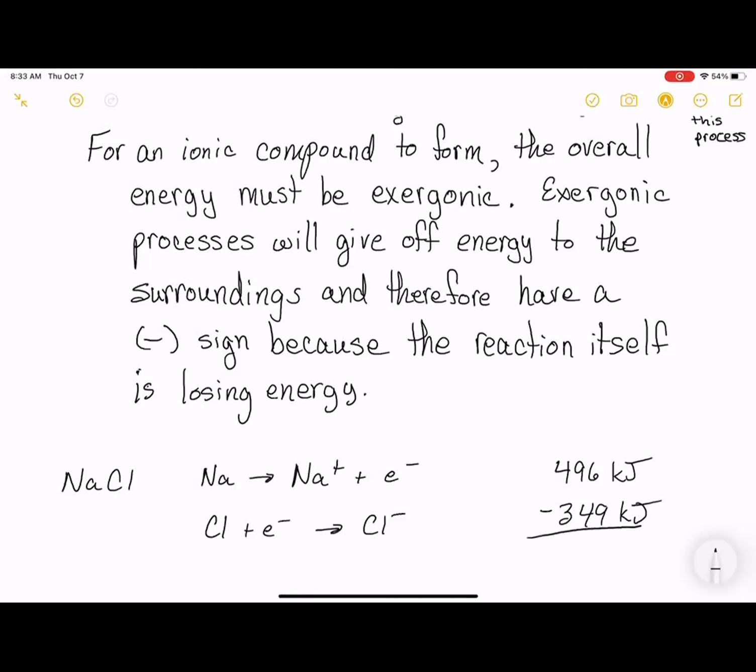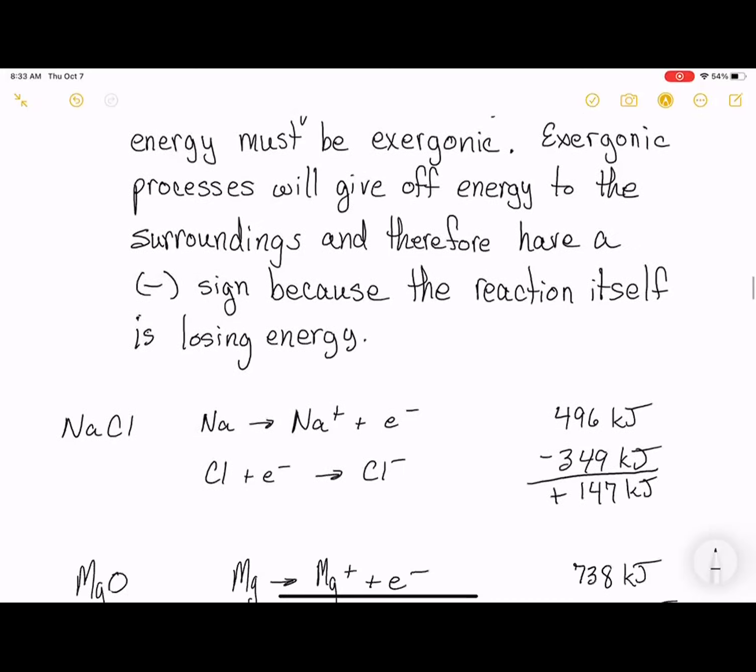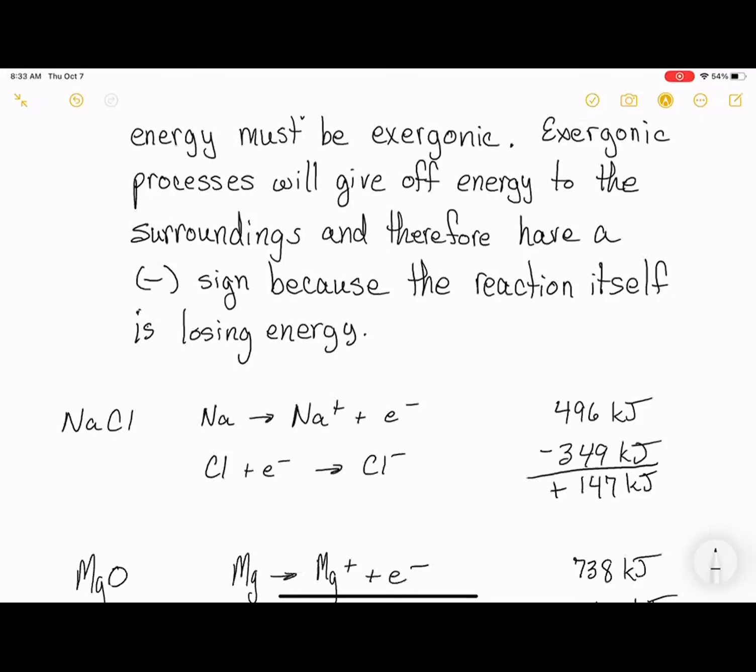If I add these together, this gives me a positive 147 kilojoules, which means that it is not favorable if I am taking into account only ionization energy and electron affinity.